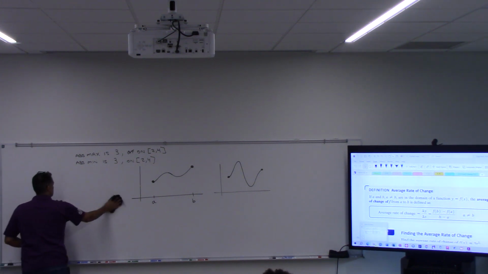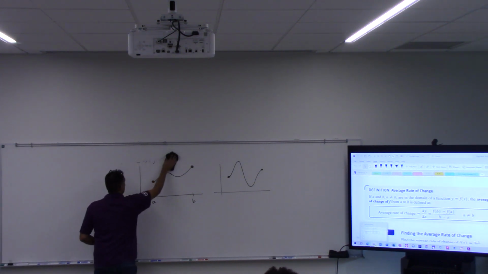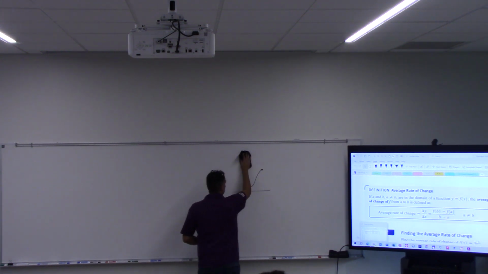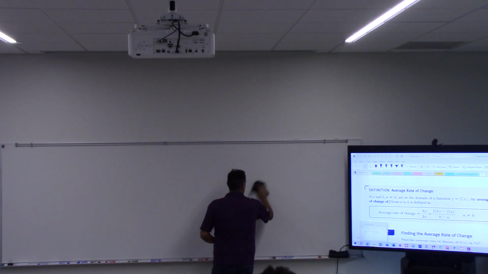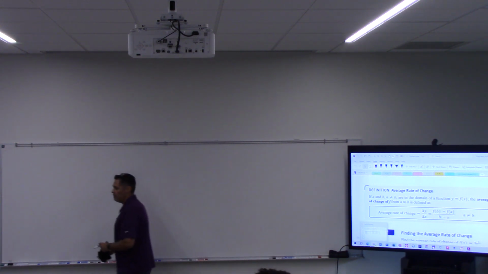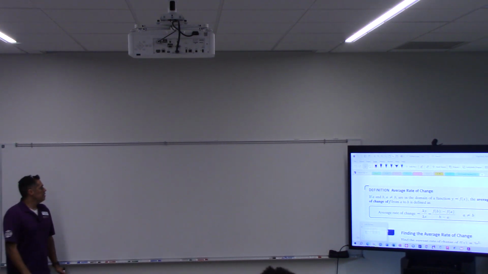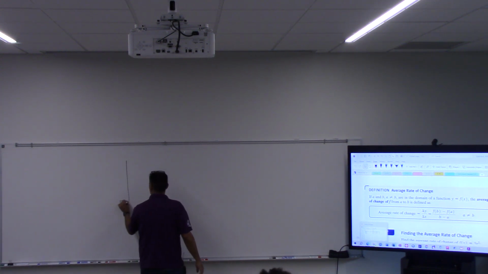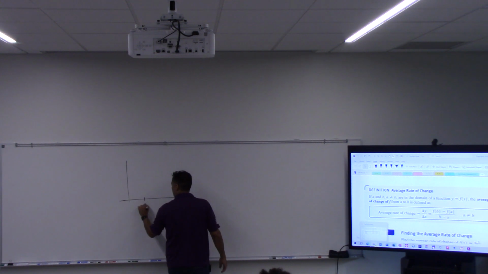All right, the next definition is something that you, I think, have probably seen in the past, and that is the average rate of change of a function. All right, the average rate of change. So I'm going to draw a picture that goes with this. Let me draw the function first.